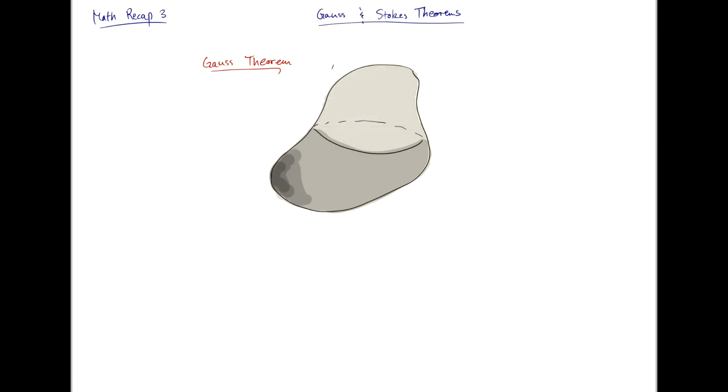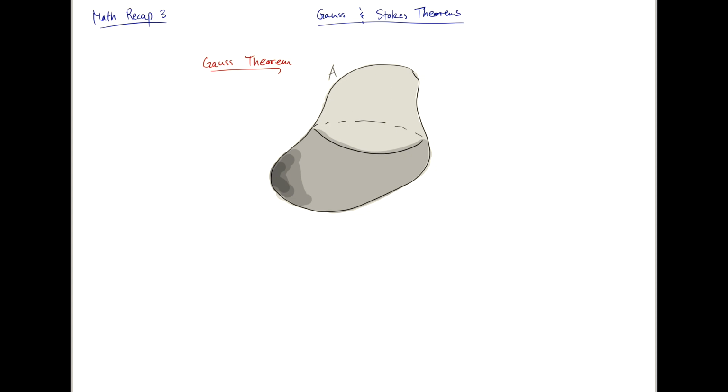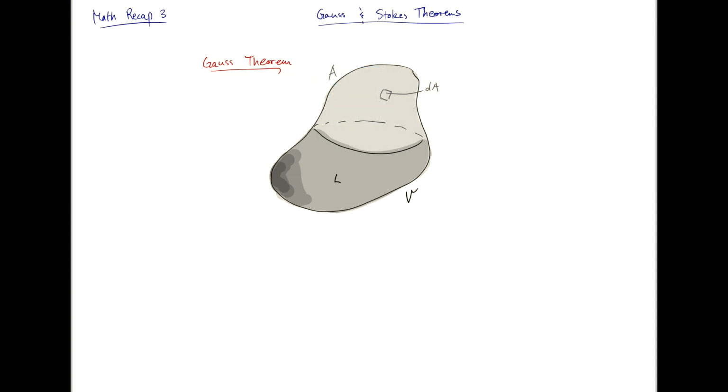So we have a surface area A and a volume V, and we can consider a small surface element dA and a small volume element within this volume dV.